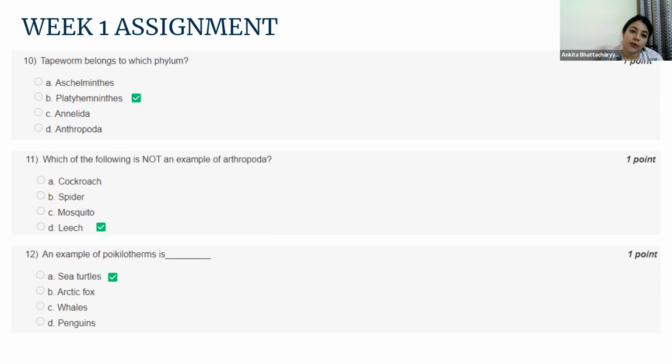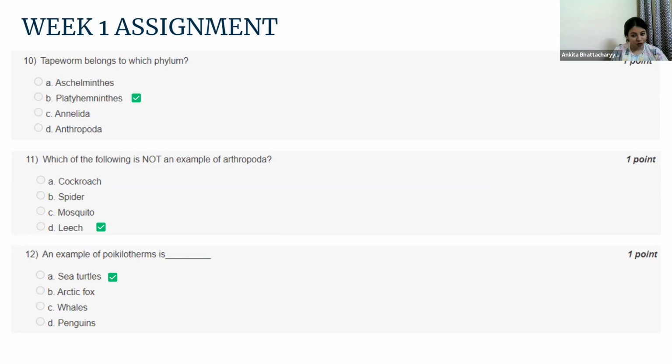Then in question 11, we were asked which of the following is not an example of arthropods. When you think about arthropods, it directly takes you to insects. We have discussed mosquito, they're obviously arthropods. Spiders have jointed appendages, obviously arthropods. Cockroaches also have jointed appendages, head, thorax, abdomen is present. They're also arthropods.